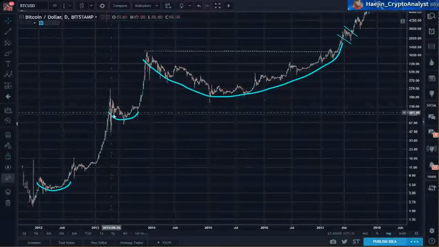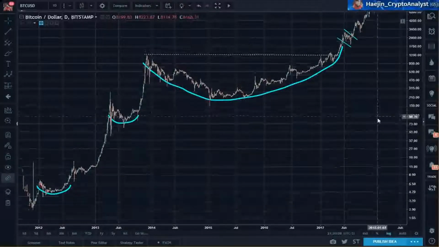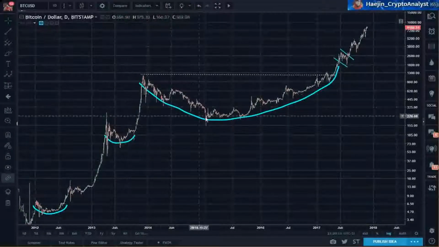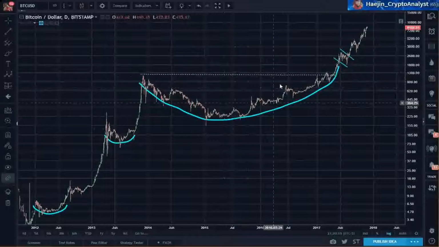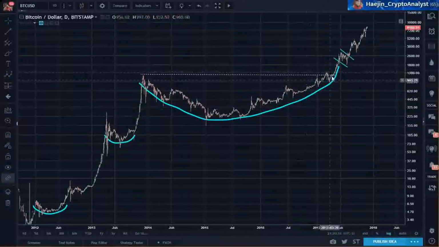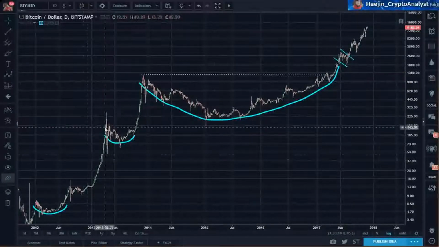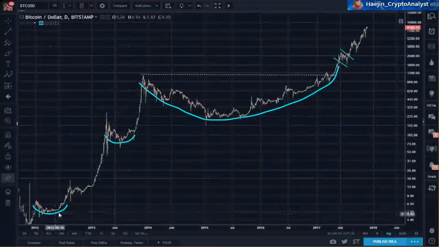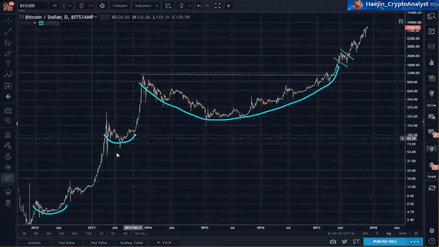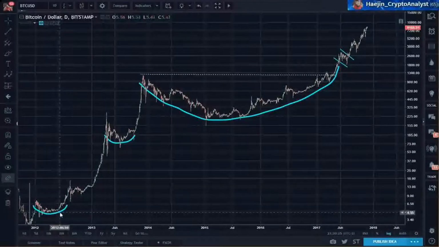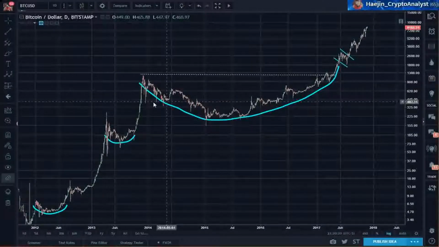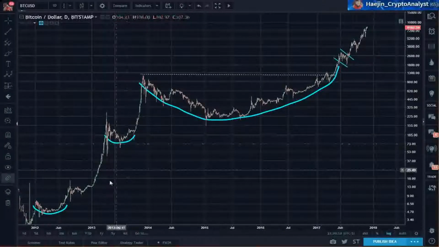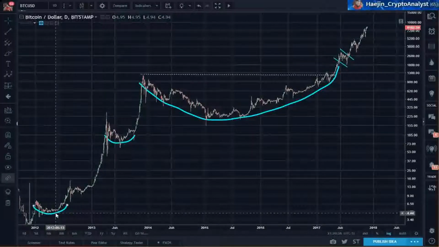This is the launching pad for a vertical move. And darn it, this is a launching pad of 1, 2, 3, 4, 5, 6, 7.5 orders of the ones that came before it. Let's say this was 8 times longer than this, either of them.